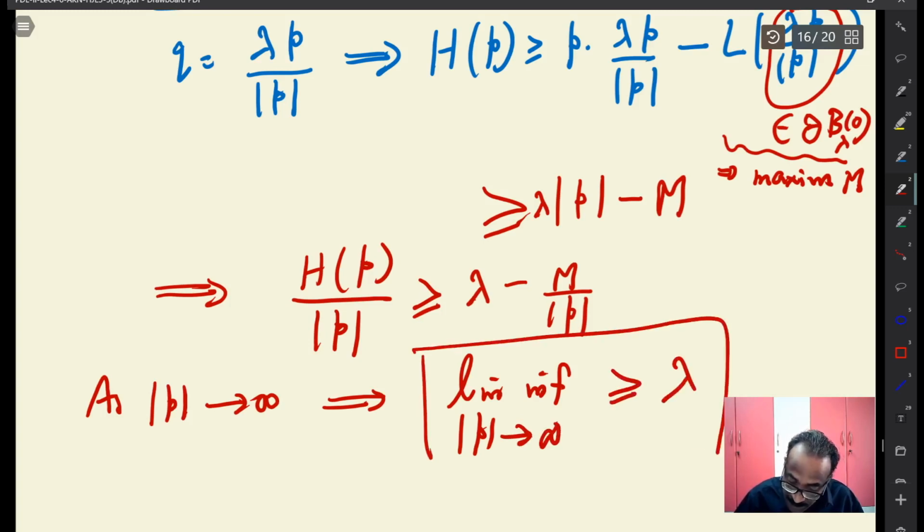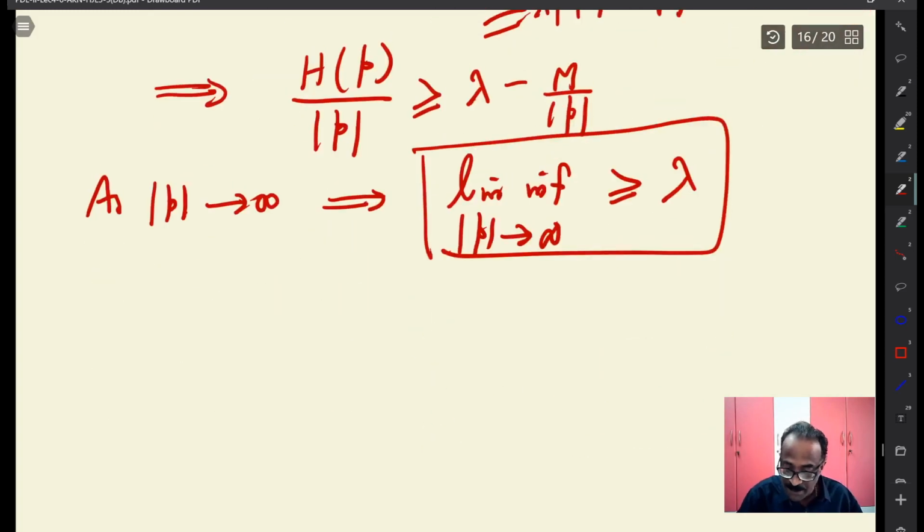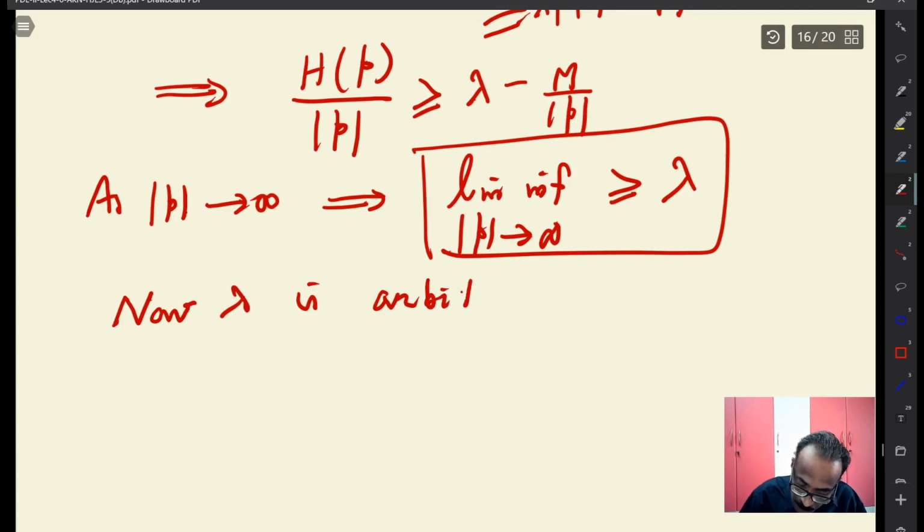Now lambda is arbitrary. These are all some analysis techniques. Now M is not there, so I can take lambda tends to infinity.